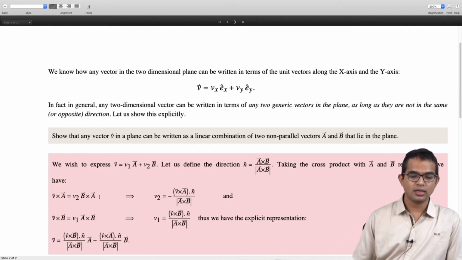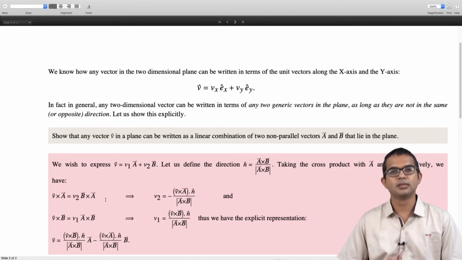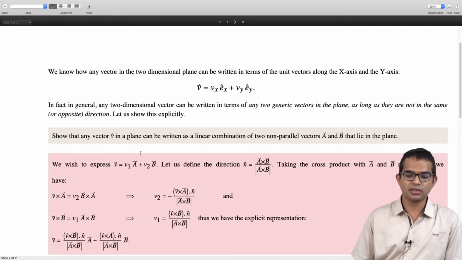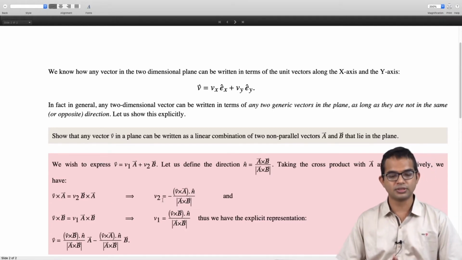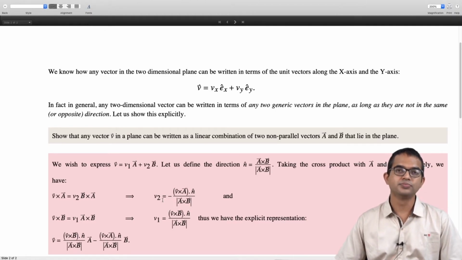The right hand side is going to be the dot product of B cross A with n, which will just be equal to the modulus of A cross B with a negative sign, because A cross B is equal to minus B cross A. Then you just bring that to the other side, and therefore you are able to write down this explicit expression: V2 is equal to minus the dot product of V cross A with n, divided by the modulus of A cross B.